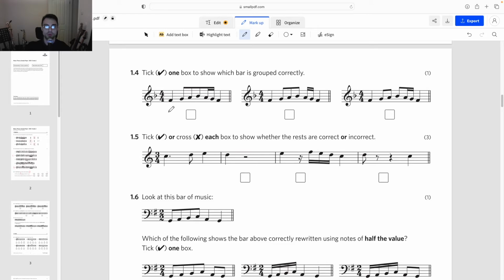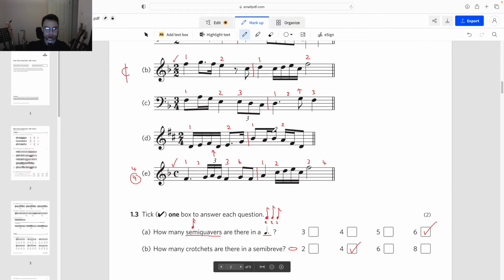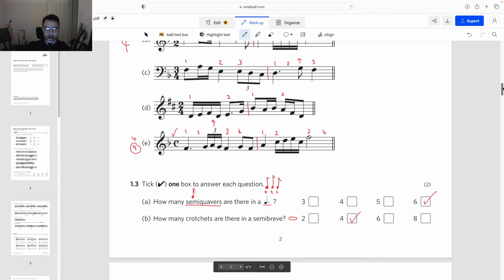Okay, 1.4. Tick 1 box to show which bar is grouped correctly. So we talked a little bit about grouping up in the other question here. Let's just go back up. So good grouping, when you're writing music, is going to group notes together within the beat that they fall on as much as possible to make it easier to read for the musician who's playing it.